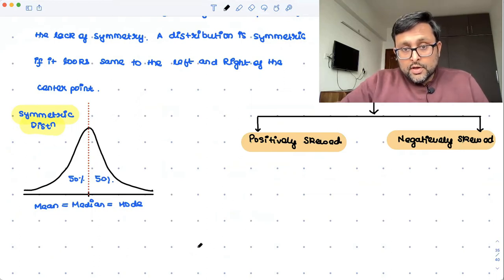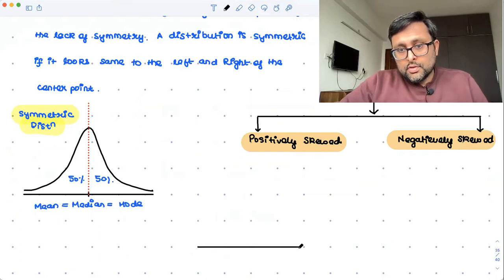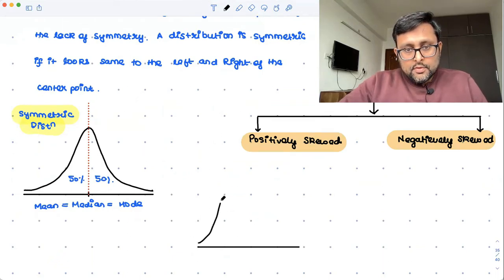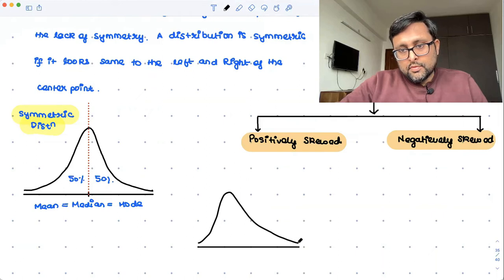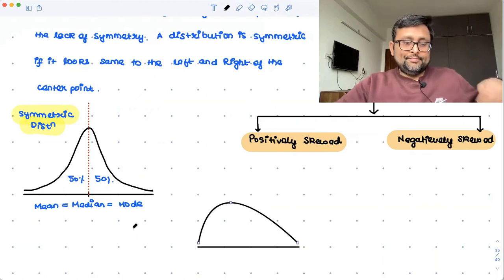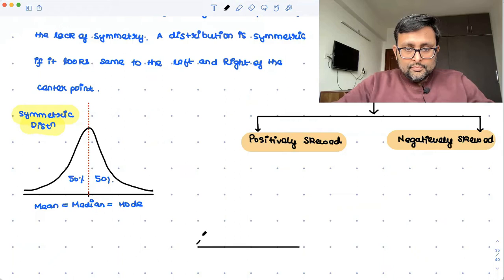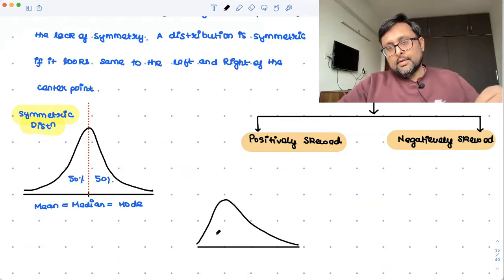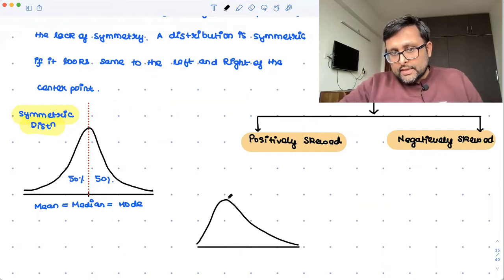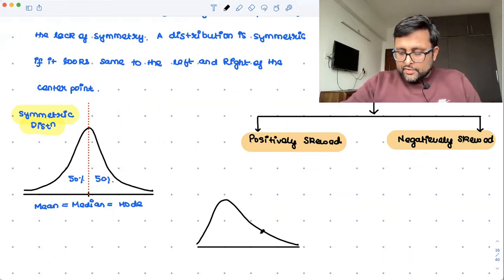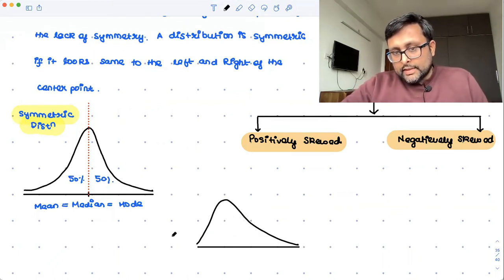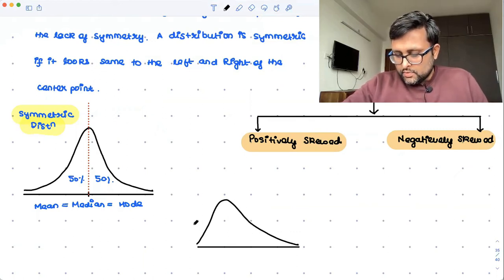So you have a distribution like this, right? And you have a distribution like this. As you guys could see, the tail is more towards the right side of the distribution. That is, the tail towards the right side of the distribution is longer or flatter, right?